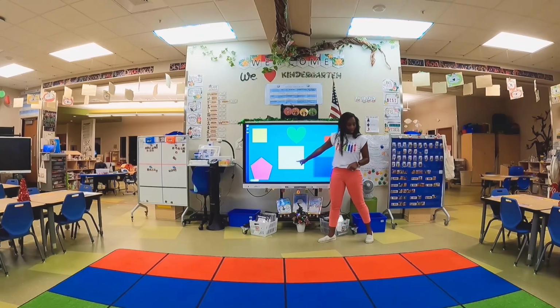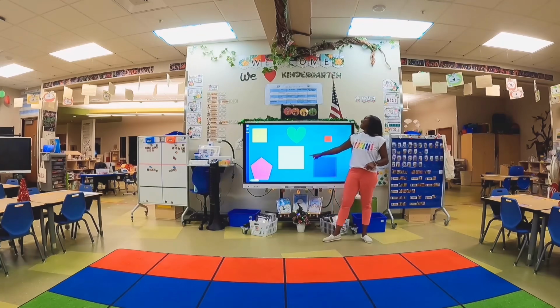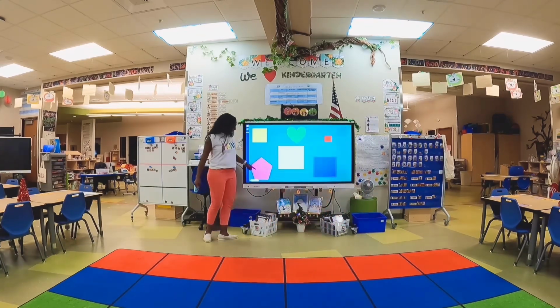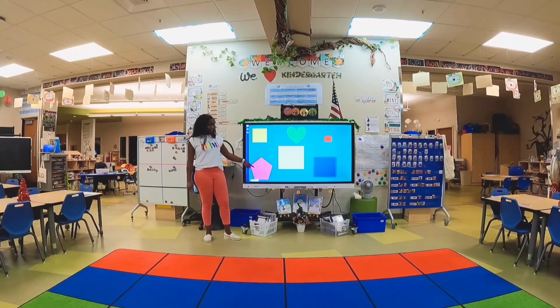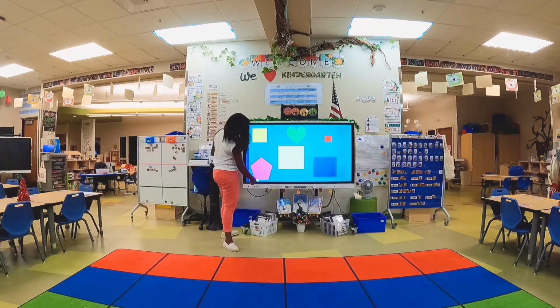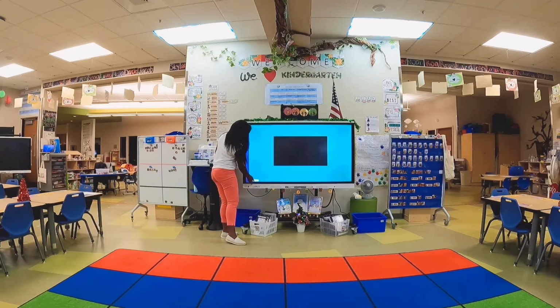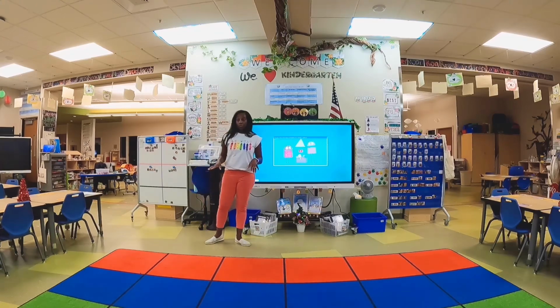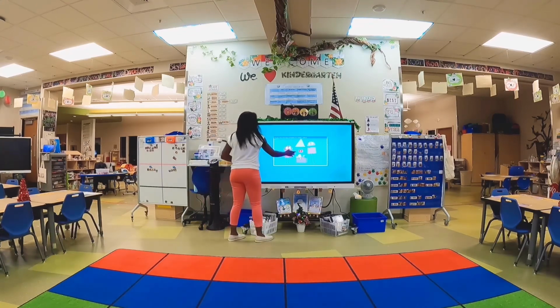Is this shape a square? Yes, it is a square. What about this shape? It kind of looks like one, but is not a square. No, you guys can't be tricked. Good job, friends. So now that we have learned about a square, let's learn about a triangle.